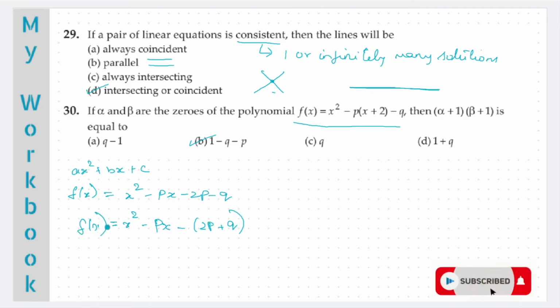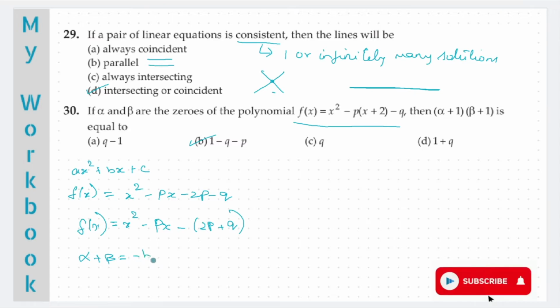Now we need to find the value of alpha plus 1 into beta plus 1. We know the polynomial, and alpha and beta are the zeros. So what will be the sum of the zeros?